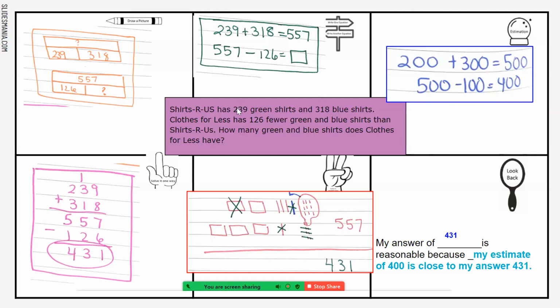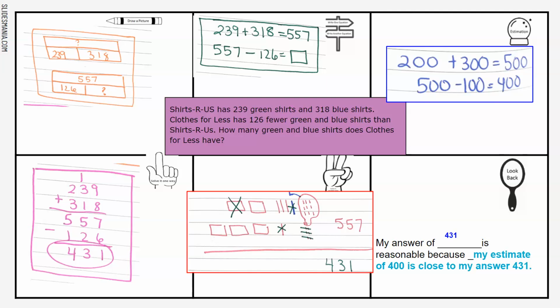So Shirts R Us had about 200 green shirts and about 300 blue shirts, which gives me about 500 green and blue shirts. And then Clothes for Less had about 100 fewer green and blue shirts. So I'm going to take this total and take away about 100, and that gives me about 400 green and blue shirts for Clothes for Less. Okay, so that's my estimation to see if my answer is going to be reasonable.